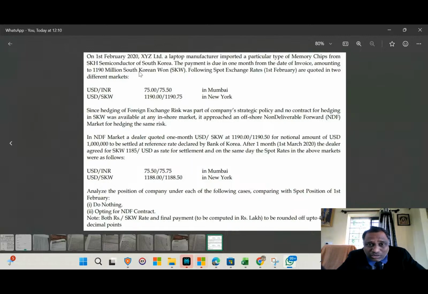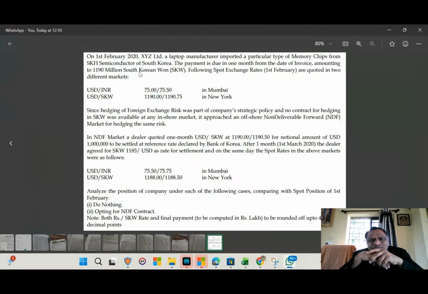For example, today I want to pay 1,190 million South Korean won. 1,190 million South Korean won means 1,190 into 10 lakhs, divided by 1 lakh. So 11,900 lakhs of South Korean won I need to pay today.